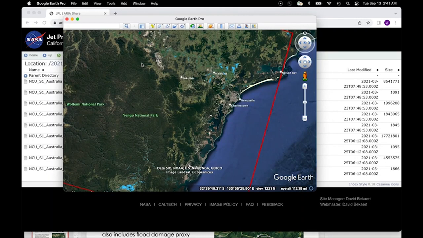And the final tool that we're talking about, HydroFloods, also uses multiple data sets from satellites, SAR as well as optical. So now let's look at HydroFloods.